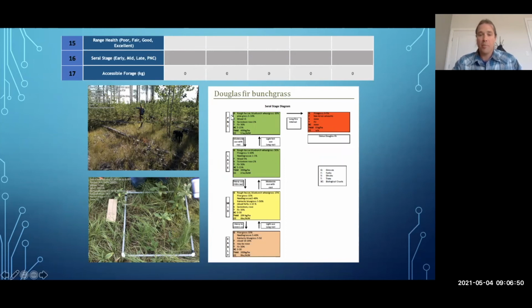The Range Branch website, with the forage category descriptions, also goes through what that early, mid, late seral plant community looks like, and how the yield or the carrying capacity can be adjusted based on that rangeland health assessment or seral stage.